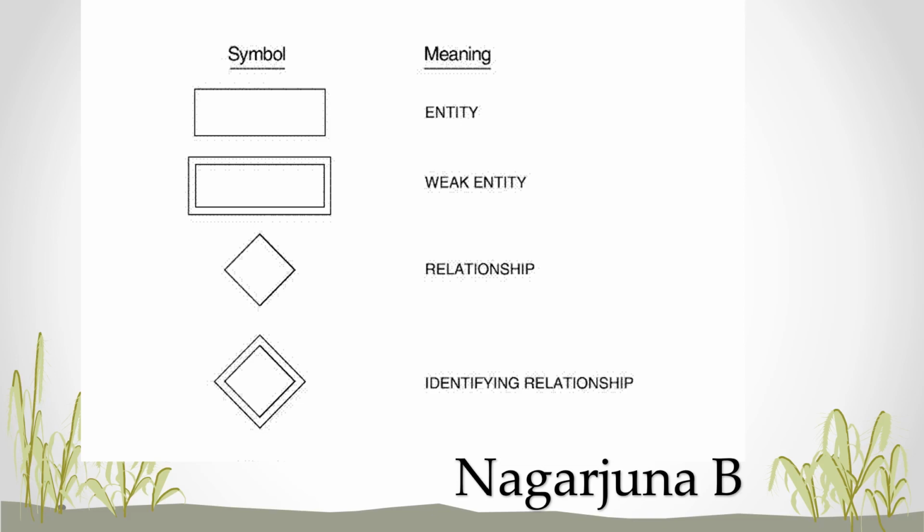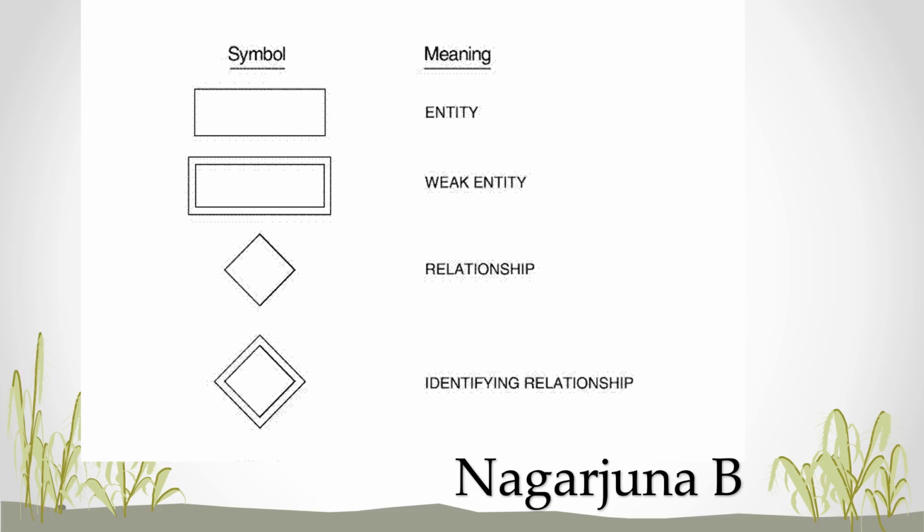The next one is double diamond symbol. This one we use for the purpose of representing an identifying relationship. Here we are going to connect between entity and weak entity. As I already told what is an entity and what is a weak entity. When we have a relationship between entity and weak entity, then we are going to use this identifying relationship.